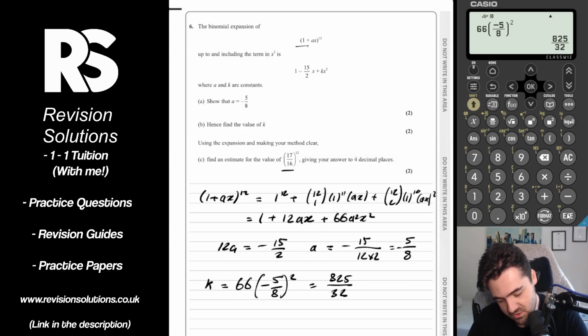Well, our expansion was for a power 12, so we just want the inside, the 1 plus ax, where our a was minus 5 over 8, so we want 1 minus 5 over 8 x to equal 17 over 16.